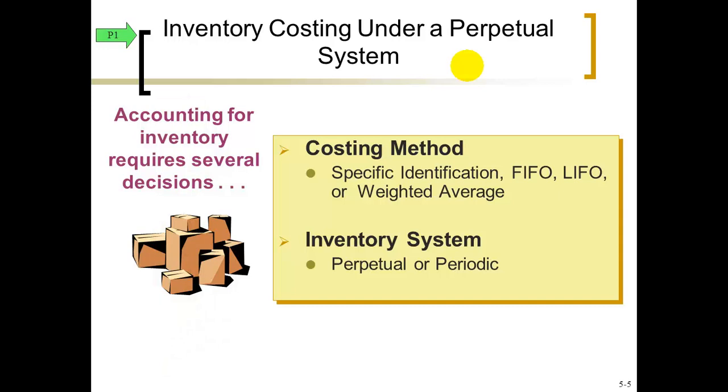Here in chapter 5, we're going to learn there are different options for calculating the cost of our inventory and the cost of goods sold. There are two broad methods, or two systems, of inventory. The main system we're learning here in chapter 5 is called perpetual.